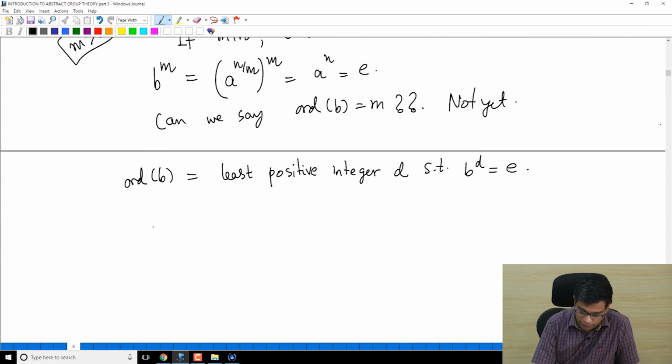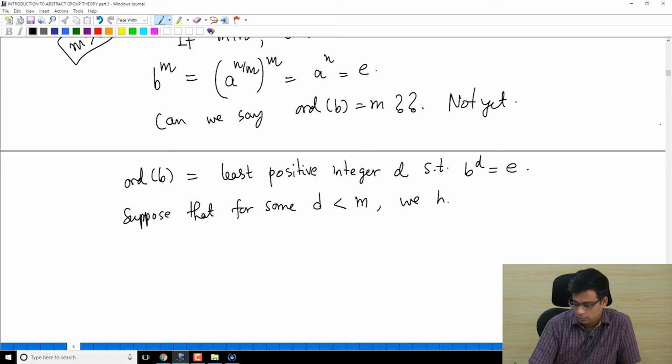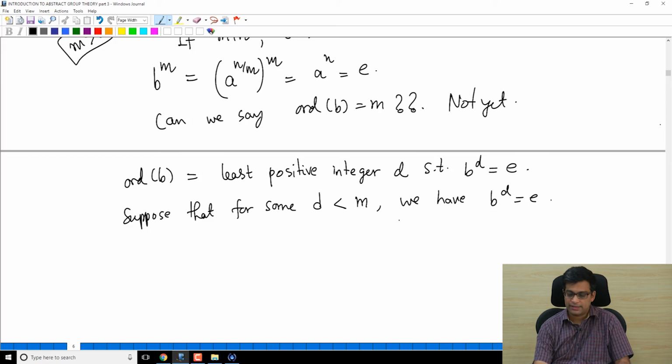Suppose that for some d less than m, B power d is E. Then let's see what the consequences are.